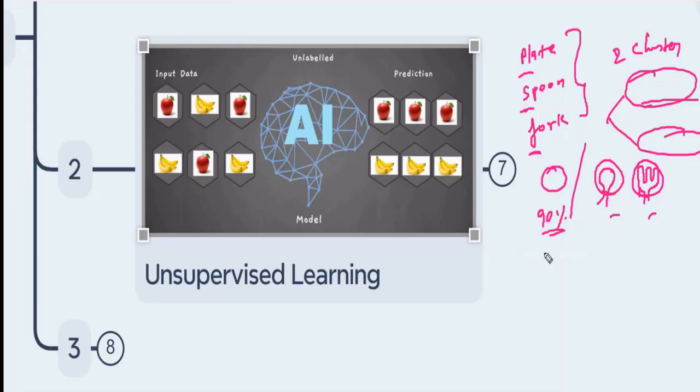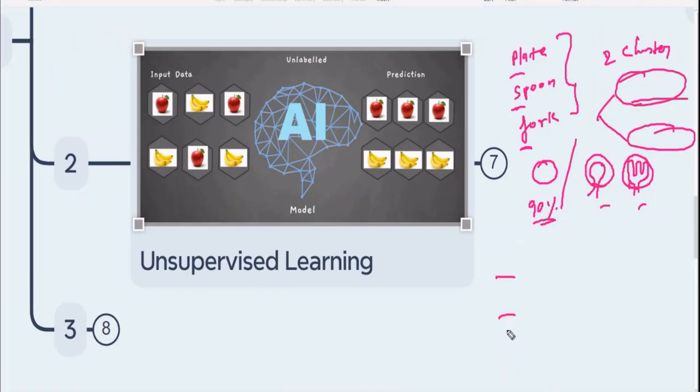The same concept you can apply in different places. If you are passing a bird image, cat image, dog image, and fish images, the bird will have different features, so it will create a separate group. Similarly, fish also, the structure and everything is going to be different, so it will create a different group. But when it comes to dog and cat, the similarities are going to be more.